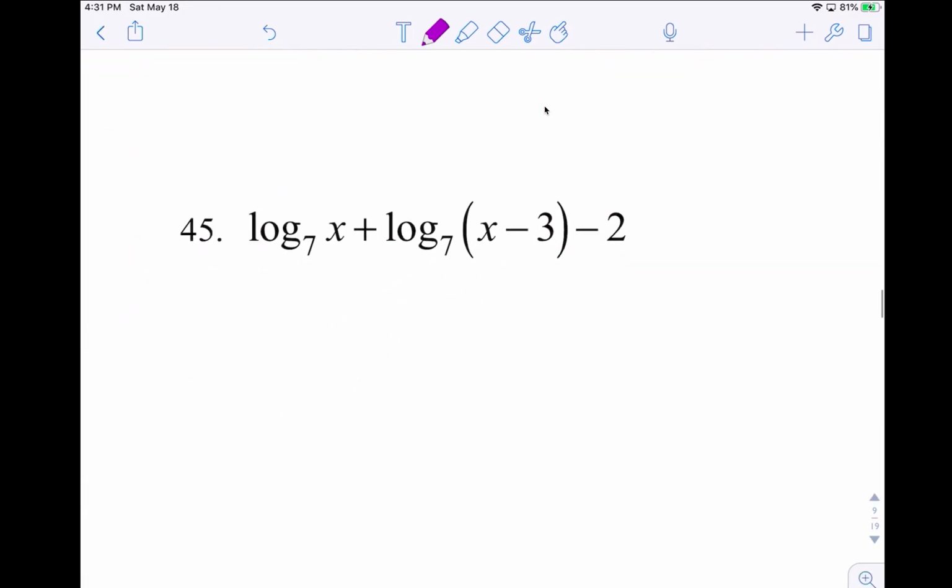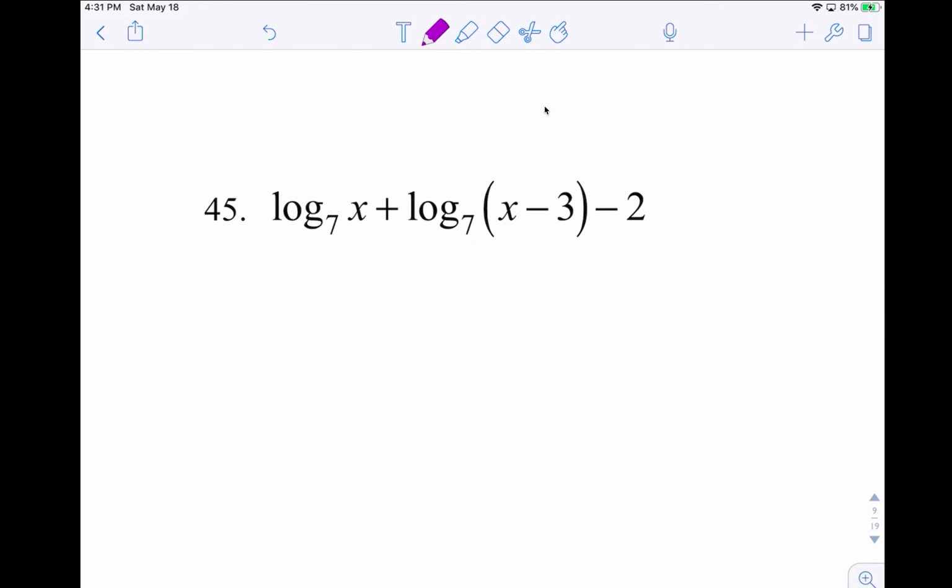So, all right, 45 looks like I am condensing. Okay. Now the thing I see here is I have a minus 2, right? I need to think of log base 7 of something comes out to be 2, right? So 7 to the second power gives me 49. Now the reason I'm doing that is that now everything can be used with log base 7.